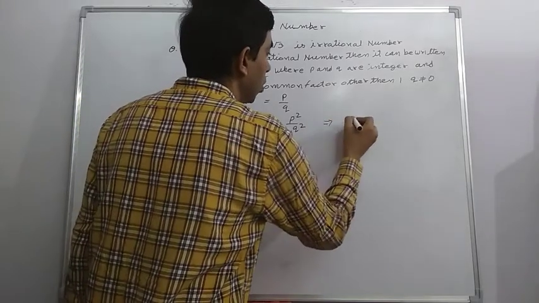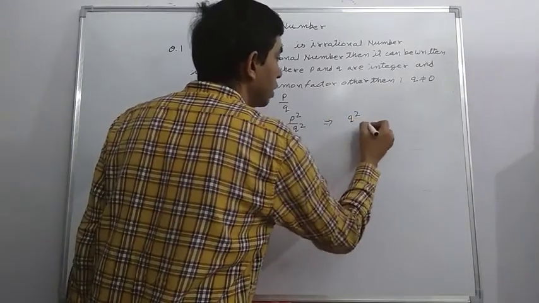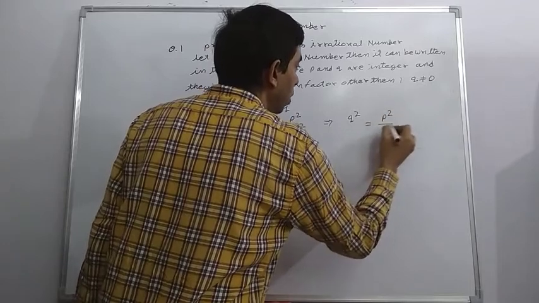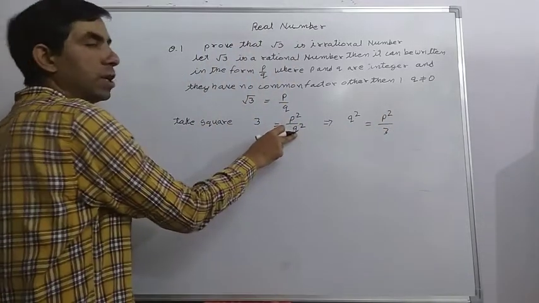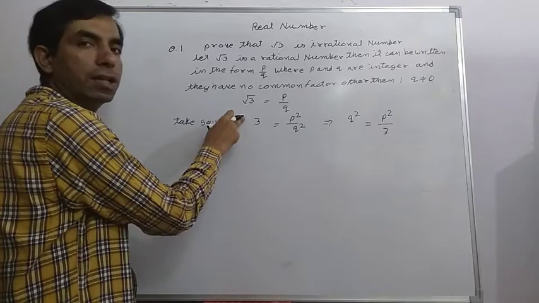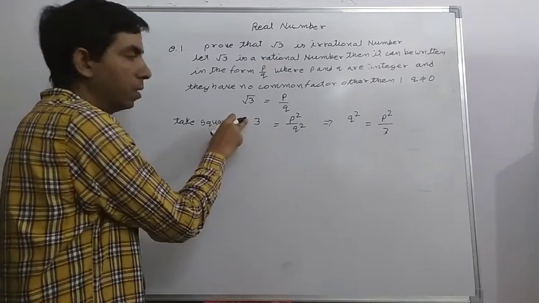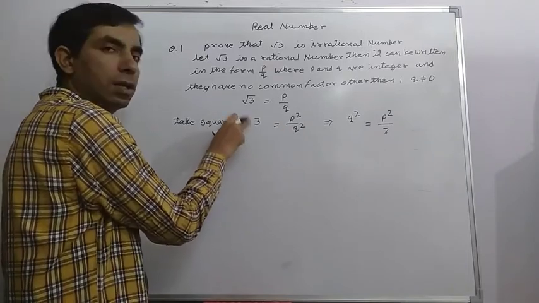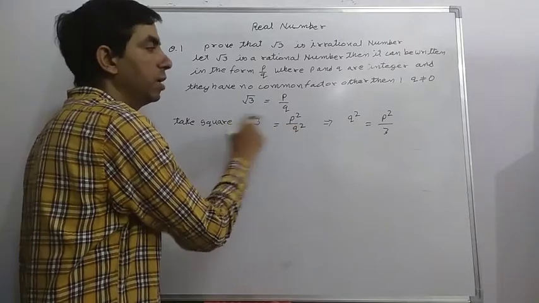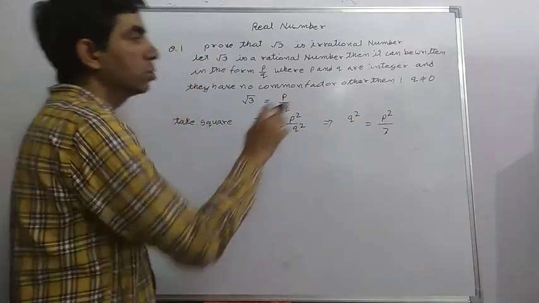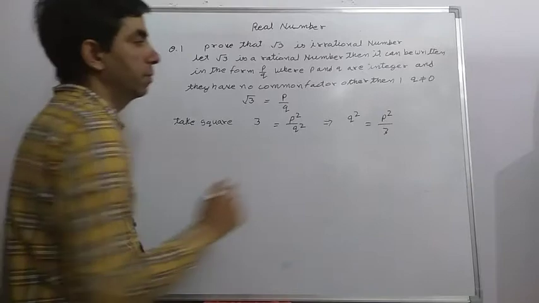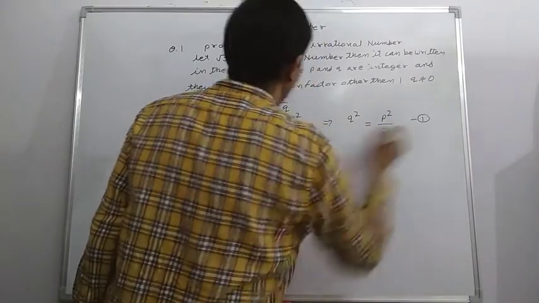So we get q square is equal to p square upon 3, from equation first.